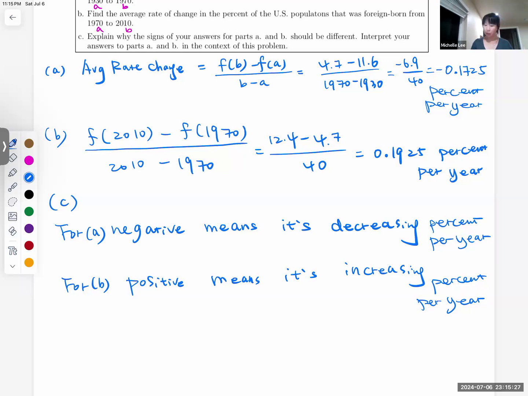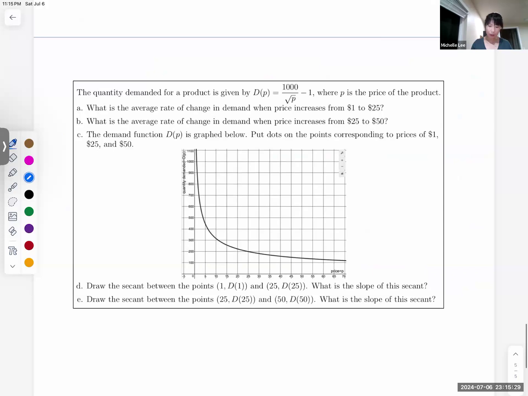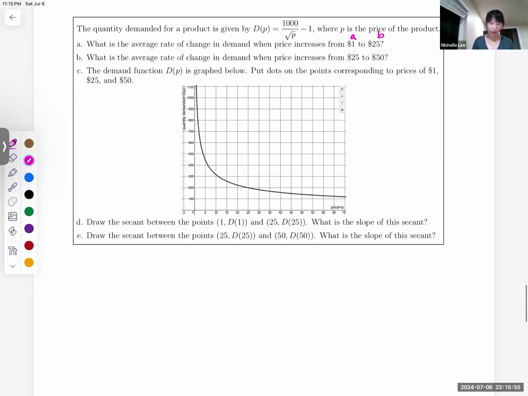Let's do last problem. So we have this one. So quantity demand. So we have the function. P is the price of product. So what is average rate of change? The price increase from 1 to 25. So this is A, this is B, right? Okay, let's do it.